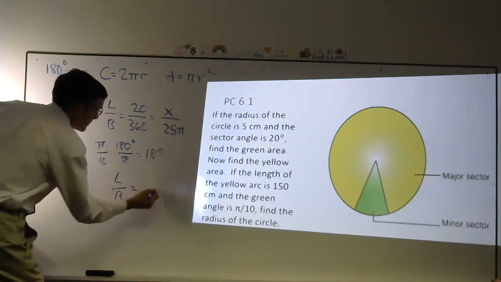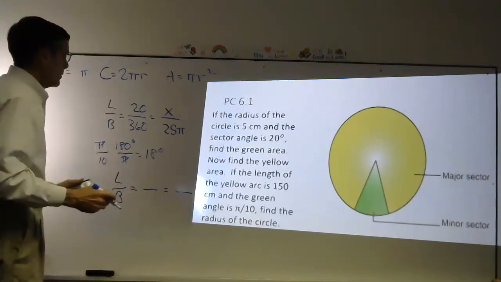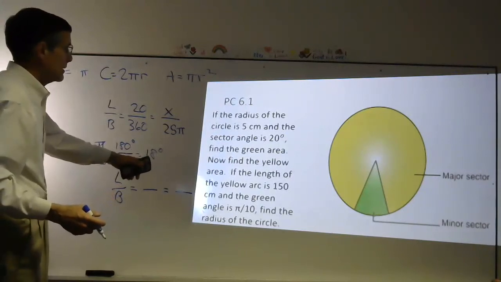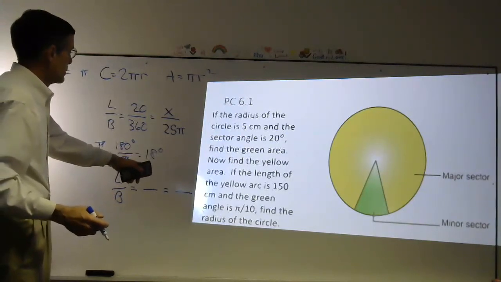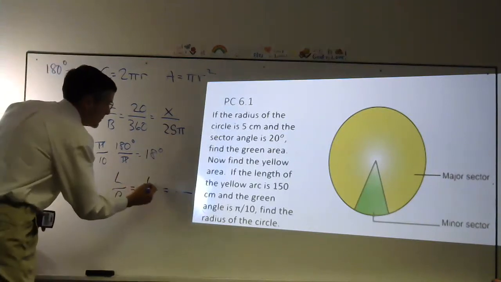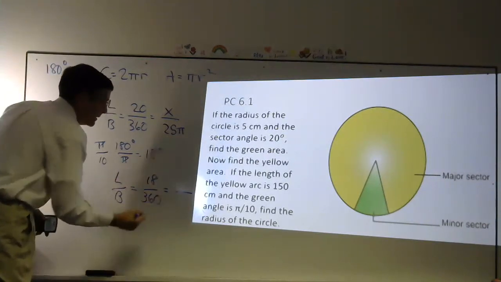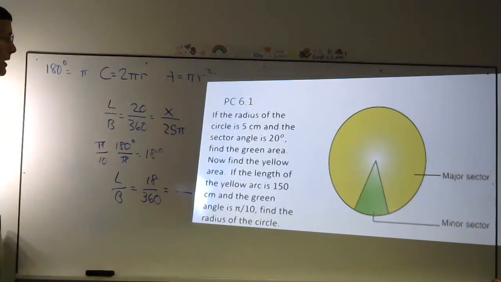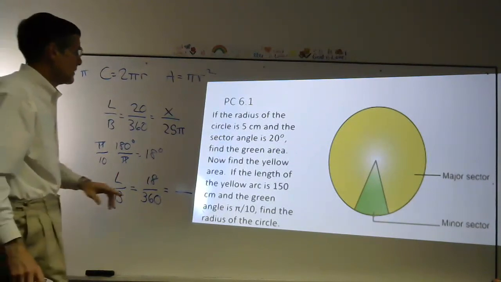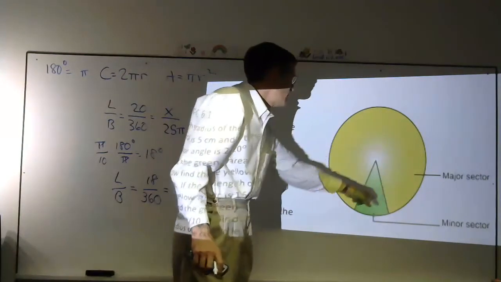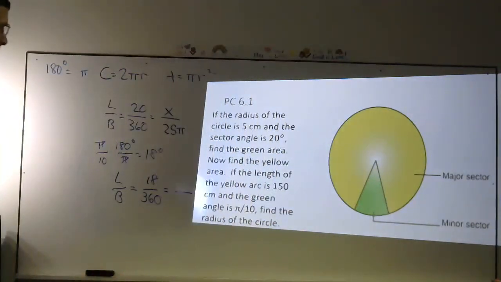All right, now you're going to have to be careful with this one. Little to big. All right, we know the little angle. Okay, the little angle is 18 degrees. To the whole thing is 360 degrees. Okay, now we're trying to find the radius of the circle. The length of the yellow arc is 150. So we got to decide right now.